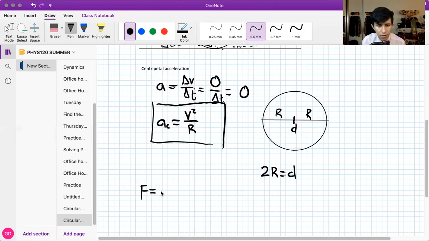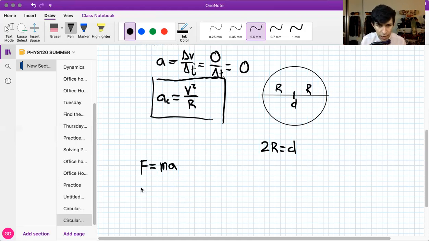Force is equal to mass times acceleration. So you might see where I'm going with this. If I have this equation and I want to replace the acceleration with the centripetal acceleration, this is what's going to happen.